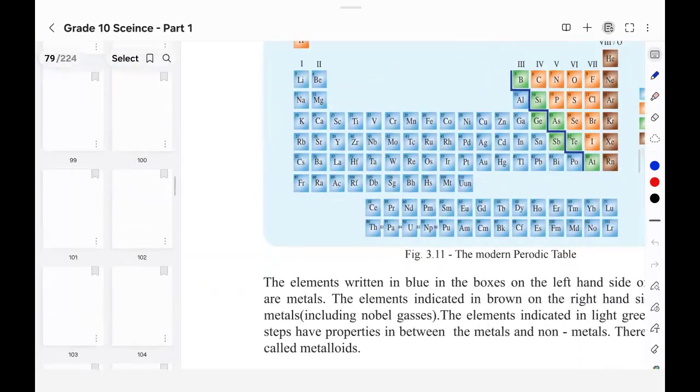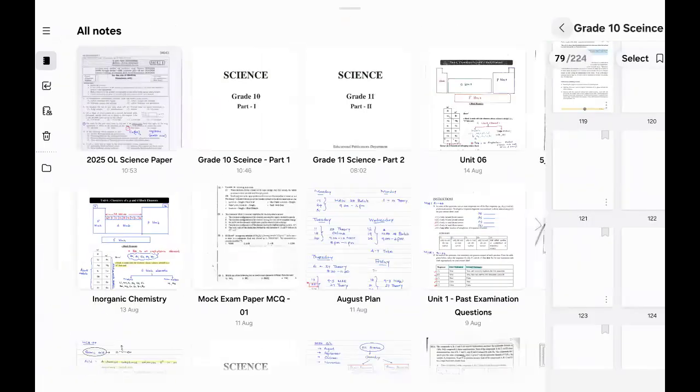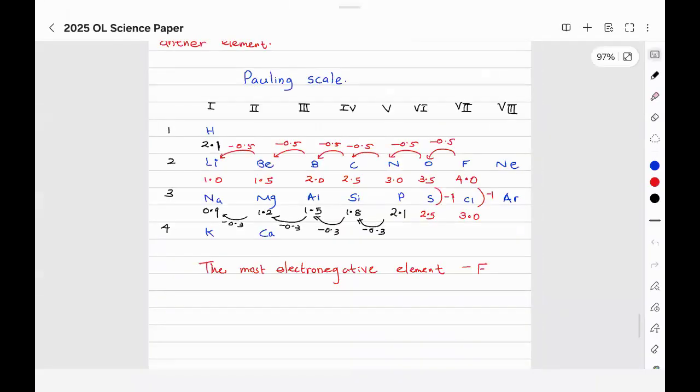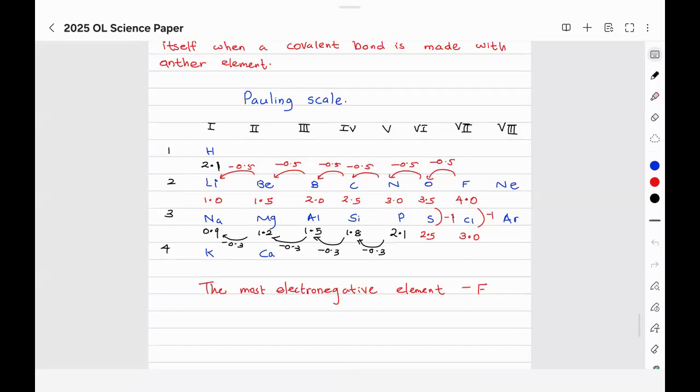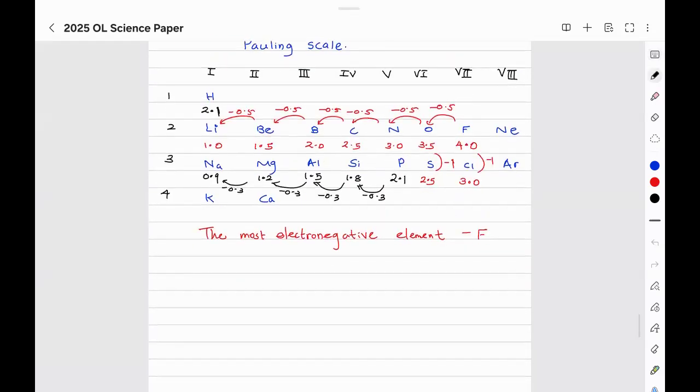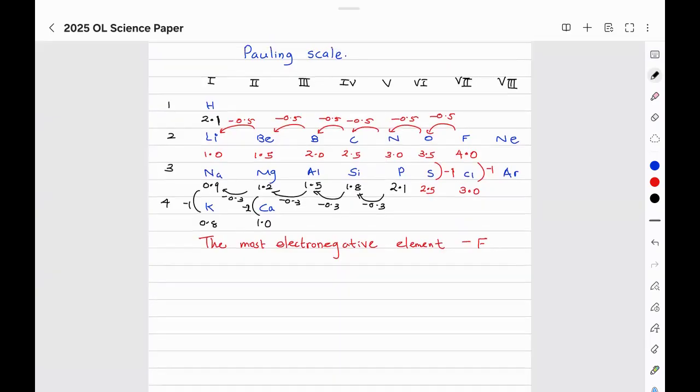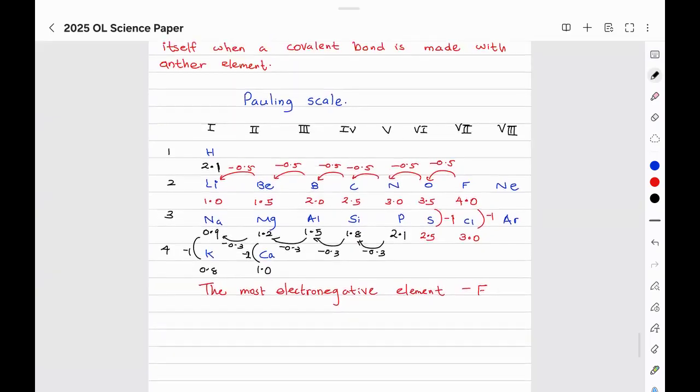Then potassium and calcium, you have to remember in this way. Potassium is one value lesser than sodium. Calcium is two values lesser than magnesium, 1.0. So you can remember the electronegativity table in this way.